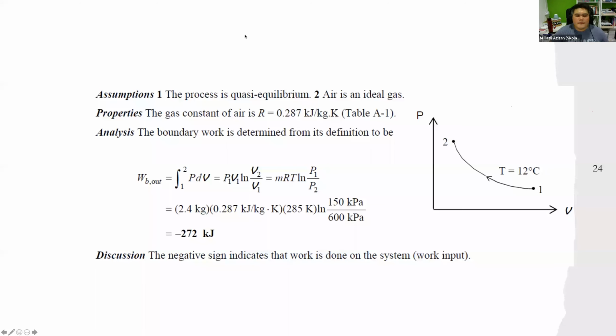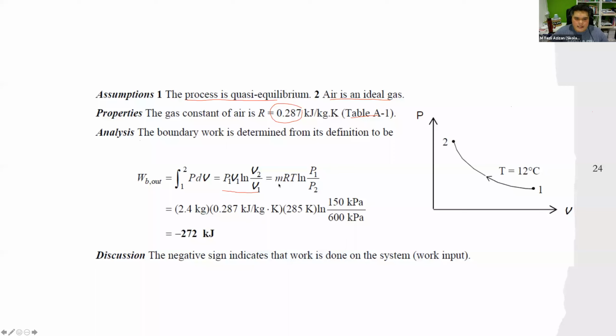So from here, looking back at the assumptions, the process is a quasi-equilibrium process. Air is an ideal gas, and the gas constant of air is R equals 0.287, which we can get from the table. The boundary work is determined from its definition to be, from the isothermal process, when we integrate this, P1 V1 ln V2 over V1.